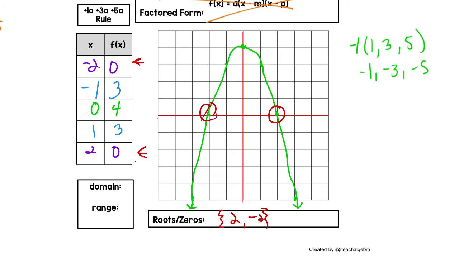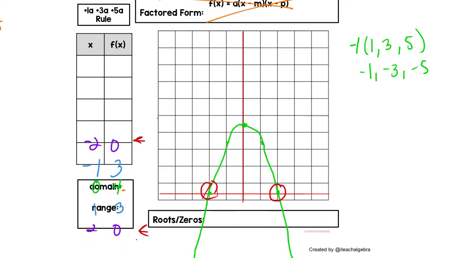Domain, always all real numbers. Range, we do the y value of the vertex. Our parabola opens down, so it'll be less than or equal to.